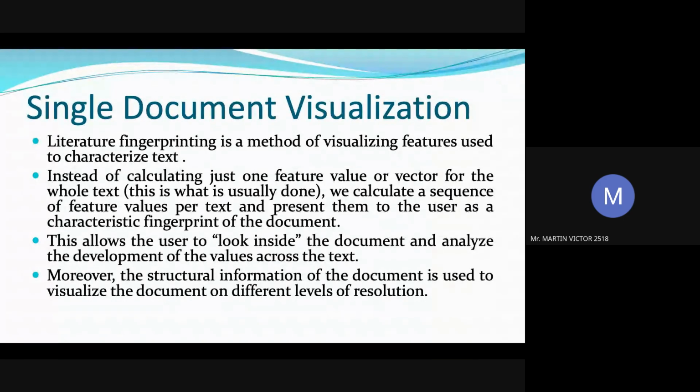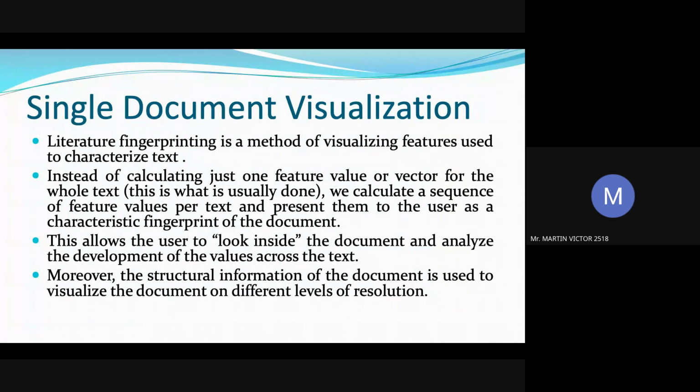Let me give you an example. If I want to analyze one paper or one document, and in that document we apply literature fingerprinting, that document will be transformed into a unique vector representation. We name it a fingerprint.